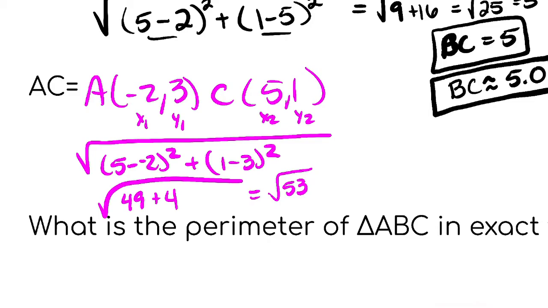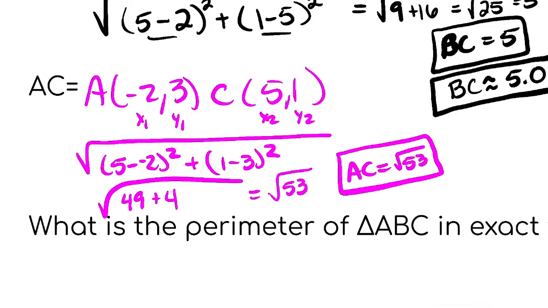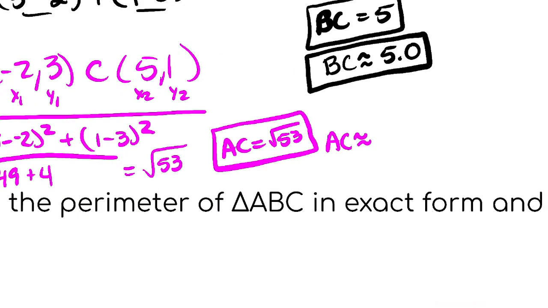So for this question, the answer in exact form would be the square root of 53. And the approximate version of the answer, just typing in my calculator the square root of 53, is 7.2801, so 7.3.